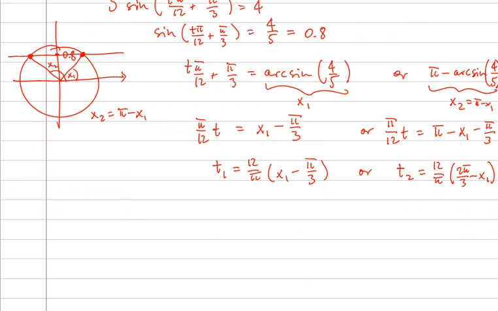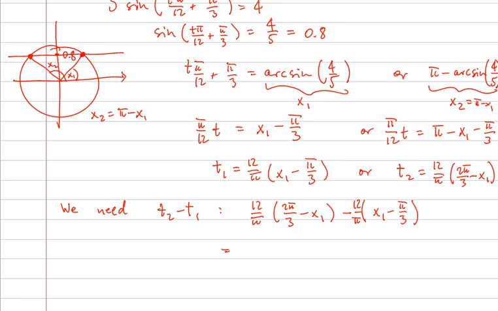So we need the difference, t2 minus t1. So that's 12 over pi times 2 pi over 3 minus x1, minus 12 over pi times x1 minus pi over 3.